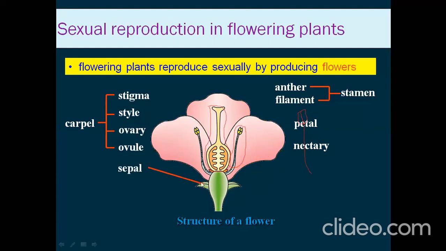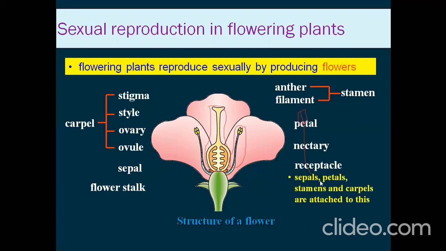This is called sepal. I will discuss the sepal later. And this is the flower stalk, and this is called the receptacle. The receptacle holds all these structures; sepal, petal, stamen, and carpel are attached to the receptacle. Okay.